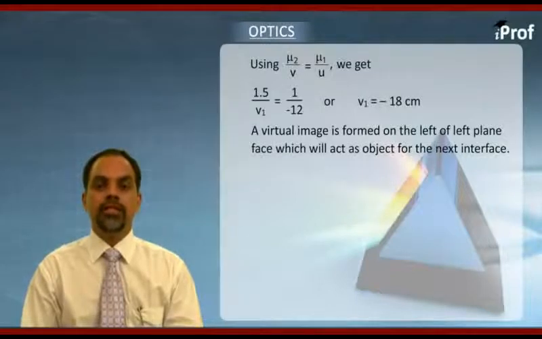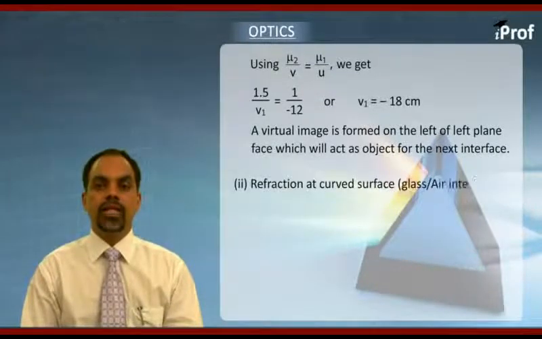Now this image will act as an object for the next event, which is a refraction from spherical surface, and it is travelling from glass to air. Now the cavity is symmetrically located, that is, the center of cavity and center of cube are coinciding.